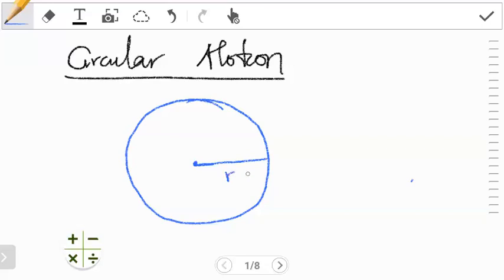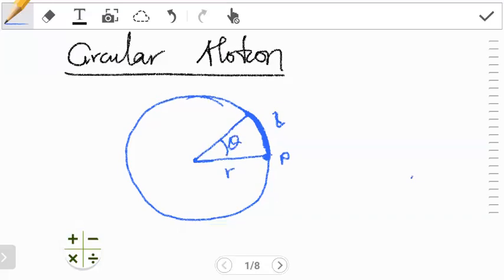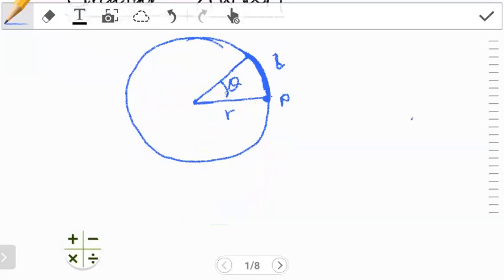To track its displacement at any point, we have to specify the angle it moves as it covers some arc length, let's say L. So let's say this point P moves from this point to somewhere here, and then in the process it undergoes an angular displacement of theta.